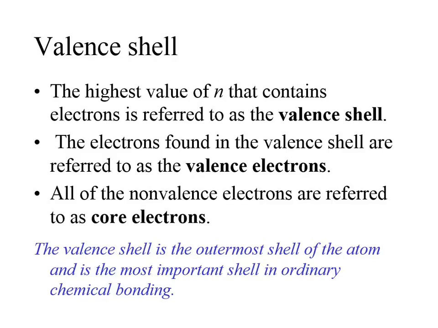But the highest N is 5. N is equal to 5. So all this is saying is if I want to find the valence electrons around a tin atom, I have to find all of my 5s. That's it. So how many valence electrons does tin have? It has 4.